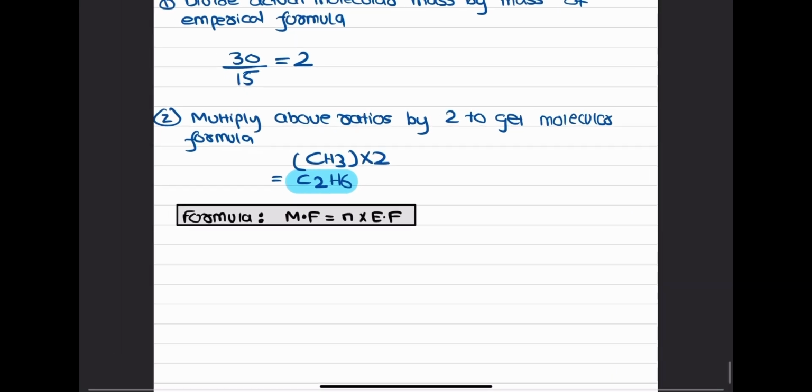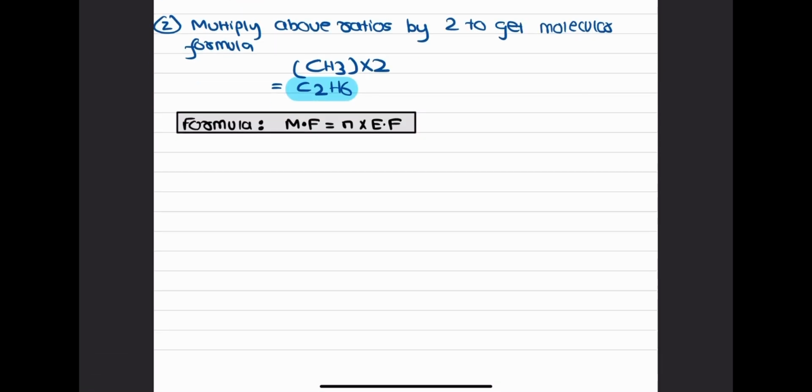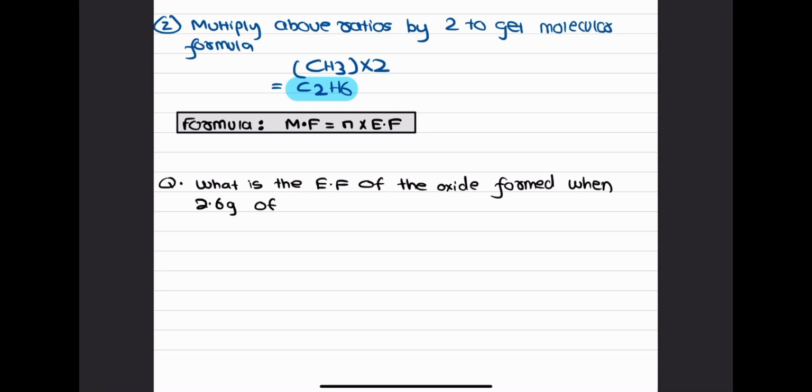So for practice, we will do one question that is going to be: what is the empirical formula of the oxide formed when 2.6 grams of chromium produces 3.8 grams of chromium oxide?